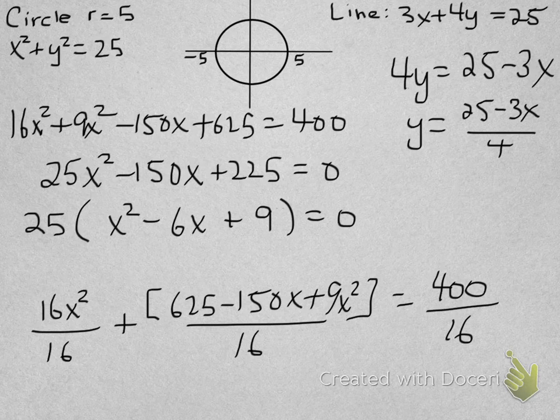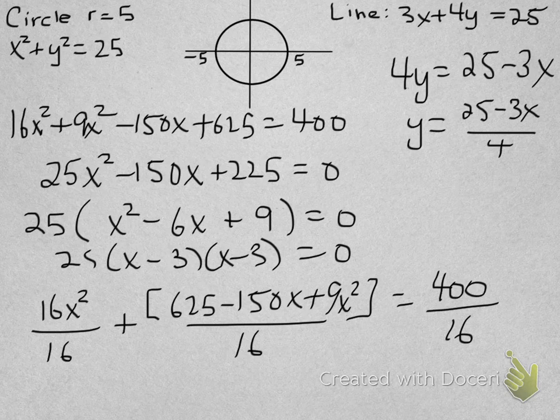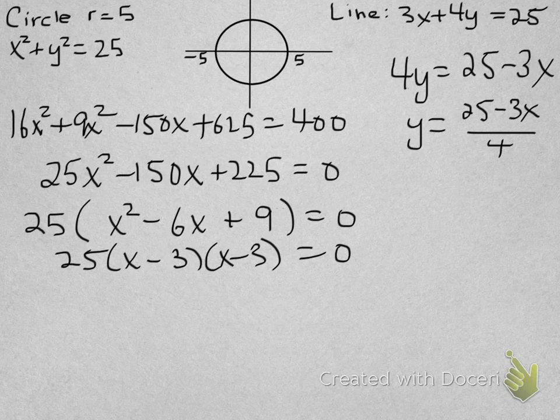That's all equal to 0. This factors as x minus 3 squared equal to 0. So now I know my solution is x equals 3.